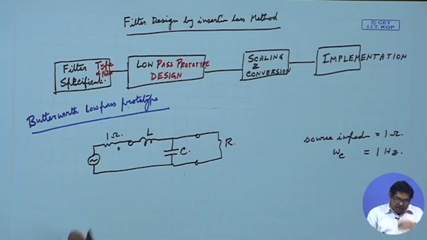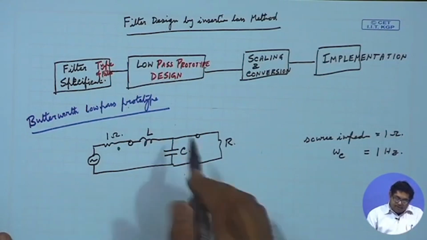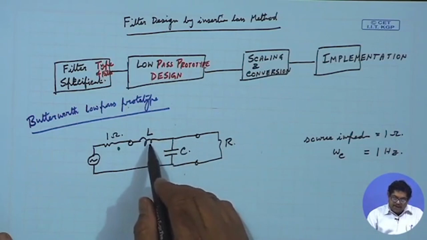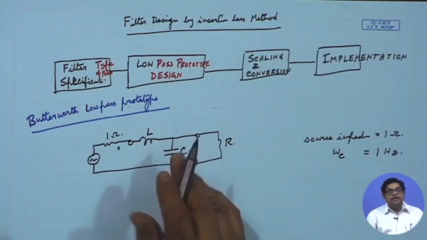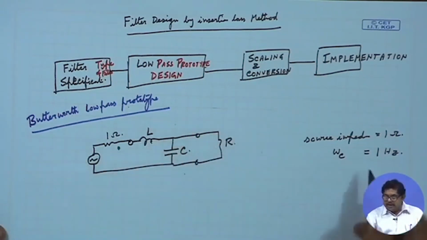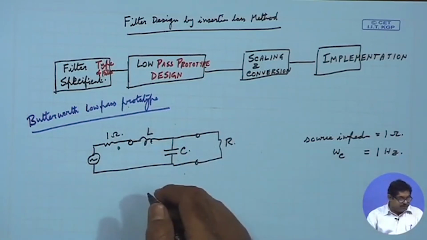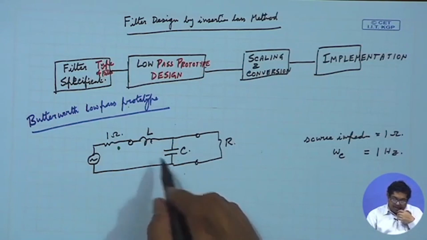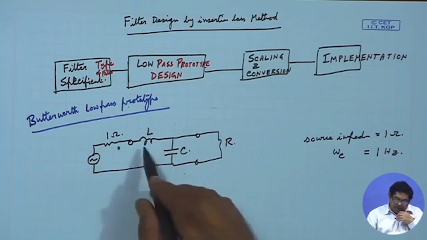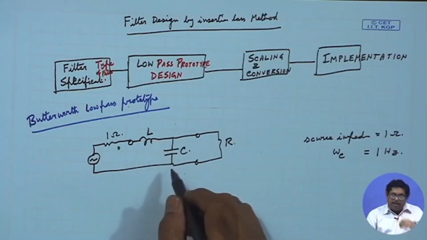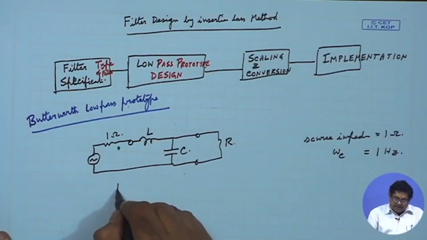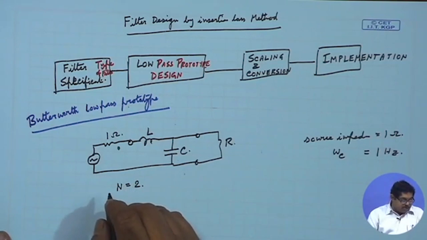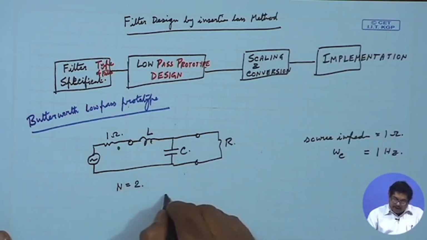You see, we have to design L and C so that we get a low pass circuit with this cutoff frequency. The number of elements, n, is equal to 2, and that will determine the PLR.